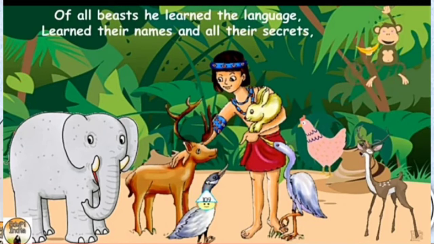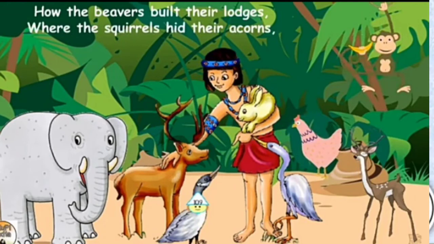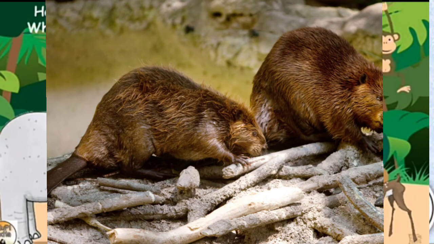What are the secrets of animals? How the beavers built their lodges. Beaver is a semi-aquatic animal, that means it lives both on land and in water. You can see the picture of beaver.